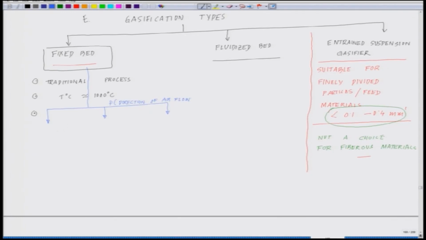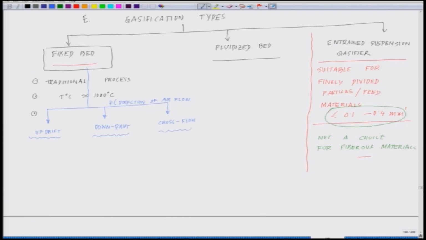It is considered as updraft fixed bed gasifier, downdraft, the second one, and the third one is the cross flow.